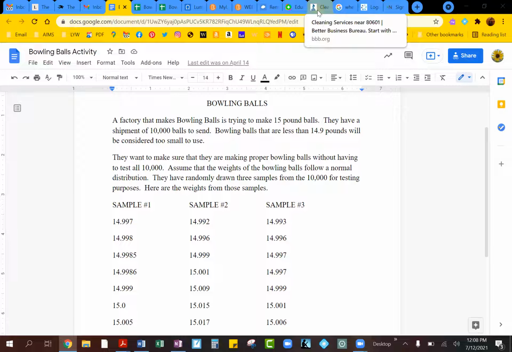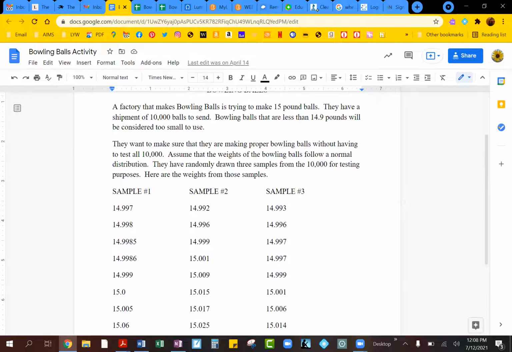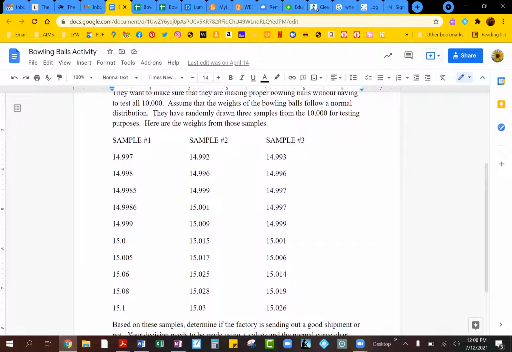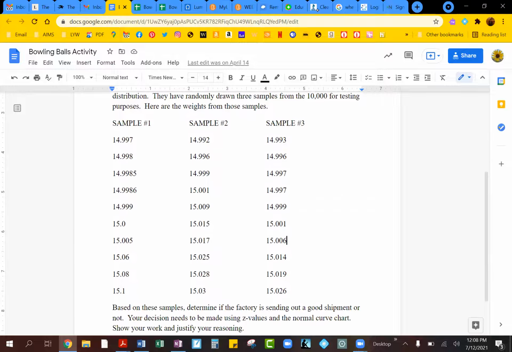So they're telling you the weight of the bowling balls follow a normal distribution. The factory has randomly selected 3 samples from the 10,000 that they are manufacturing, and they want to test this to see what the weight comes out to be. Based on that, can we assume that all 10,000 are going to be within that weight range? And here are the samples.